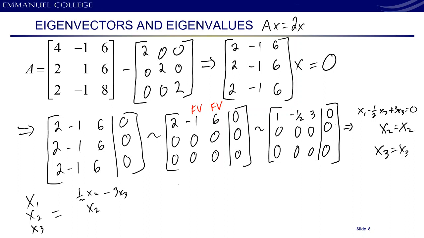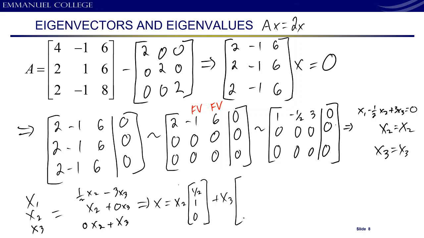And then you can think about this as x2 plus 0x3. And then you can think about this one as 0x2 plus x3, which translates into vectors as x2 times 1/2, 1, 0, plus x3 times negative 3, 0, and 1.